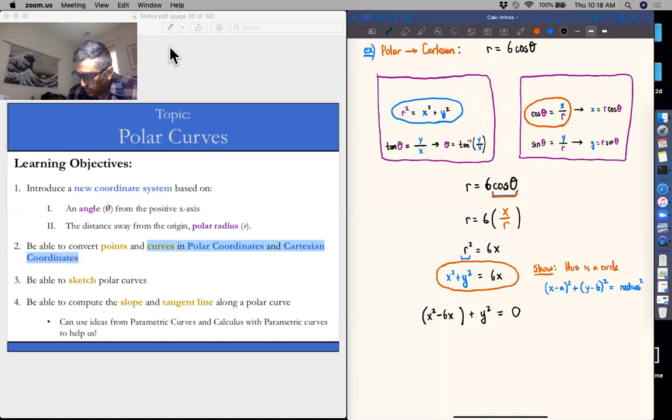So let's see what this actually looks like. We can convert that y into y minus 0 squared, just to show that it's closer to our general equation of a circle that we talked about. And we need to do a little bit of mathematical massaging on the x term. The way we go about this is to complete the square.